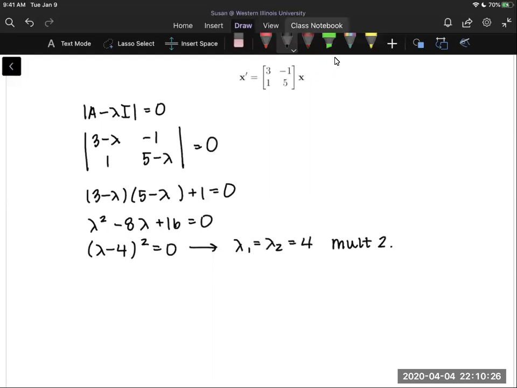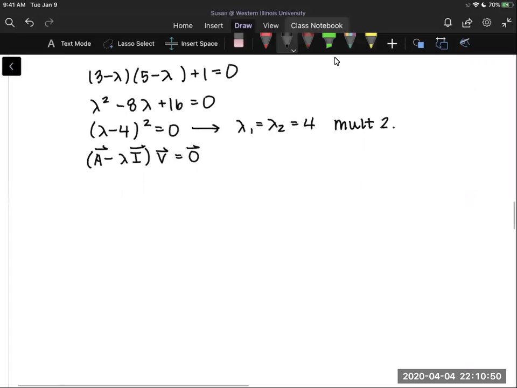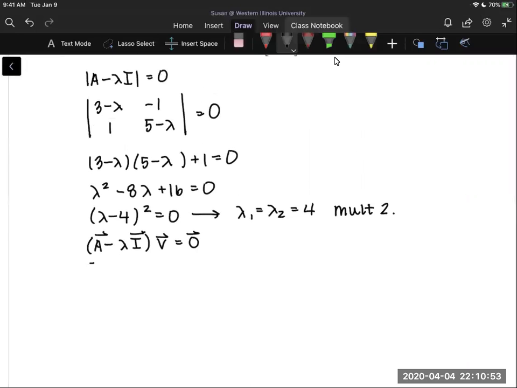All right, so at this point in time, we don't know if this eigenvalue is complete or defective. So we have to check that. We're going to move along and use our standard equation to find eigenvectors. What we have here is a 3 minus 4, which is negative 1, 1, negative 1, and 5 minus 4 is 1.